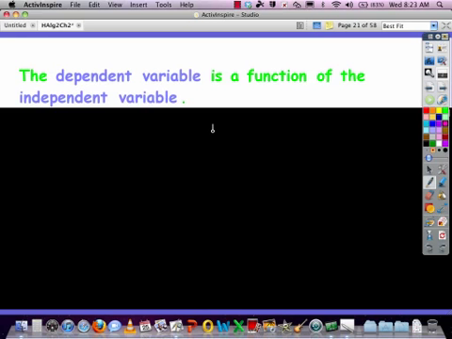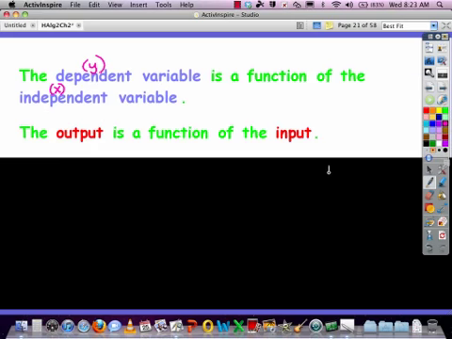And if you remember, dependent, what depends on what in an equation? Usually we say the y depends on the x. The answer depends on what you put in. So the independent is like our x, the dependent is like our y. That's another way you can think of it. So that's a true statement.